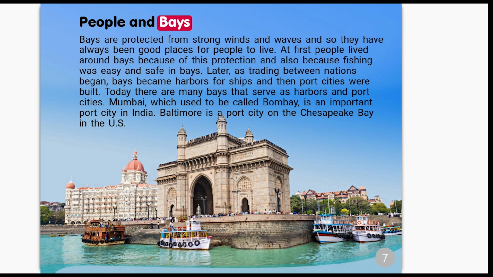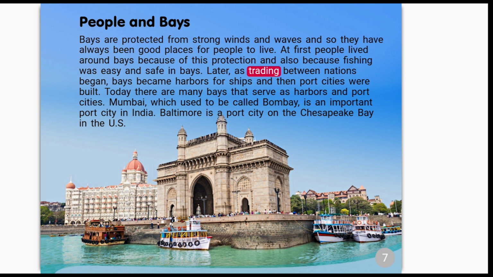People and bays. Bays are protected from strong winds and waves, and so they have always been good places for people to live. At first, people lived around bays because of this protection, and also because fishing was easy and safe in bays.